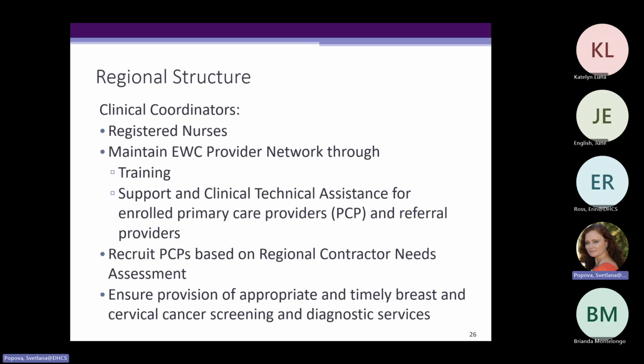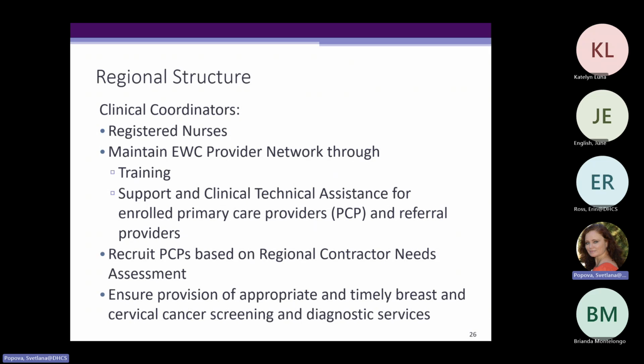What is required from clinical coordinators? First of all, they are registered nurses, so they have a clinical background, and their major job is to maintain the provider network through training and support and clinical technical assistance for enrolled primary care providers and referral providers.